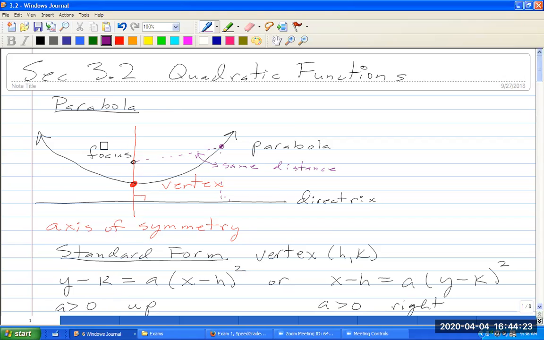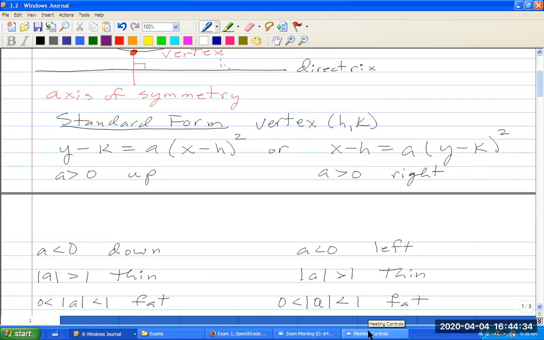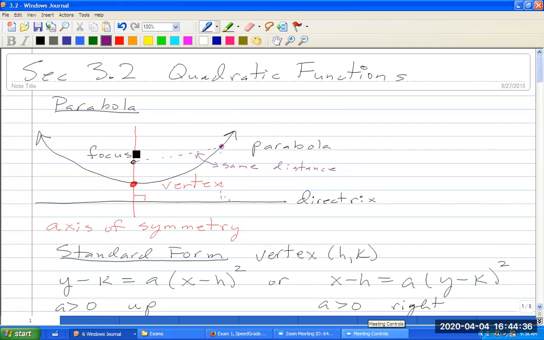Whereas if a in absolute value is between 0 and 1, it will be fatter than the graph of y equals x squared, a compression of the graph of y equals x squared.